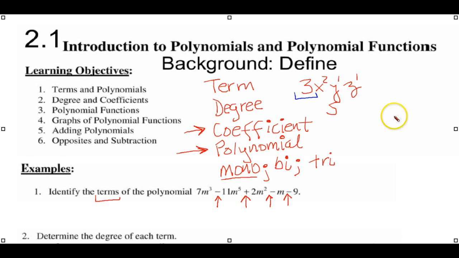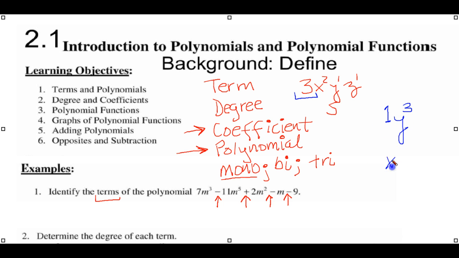Now, sometimes you'll see something like this, y to the 3rd, and there is no coefficient visible. Well, when you have a term and there's no number, we assume there's a 1 there. So the coefficient of this would be a 1.